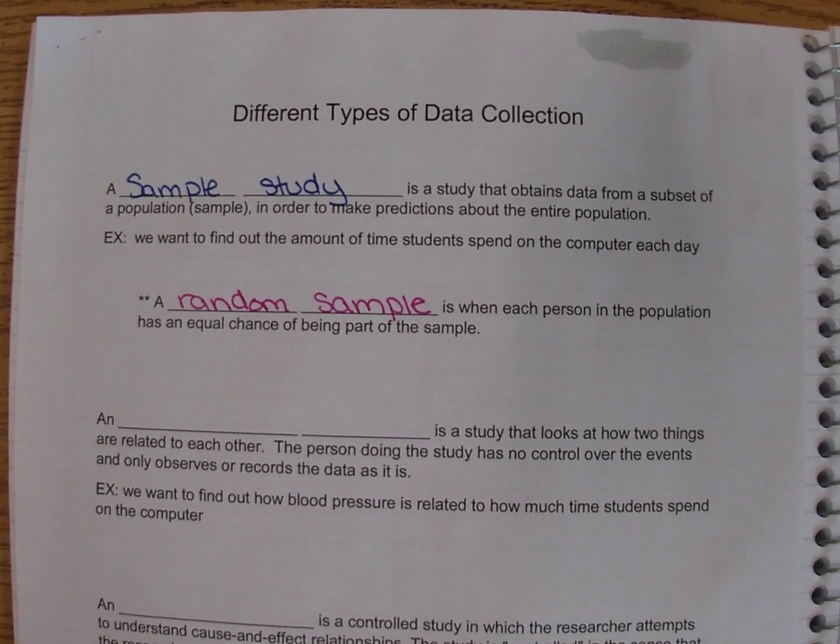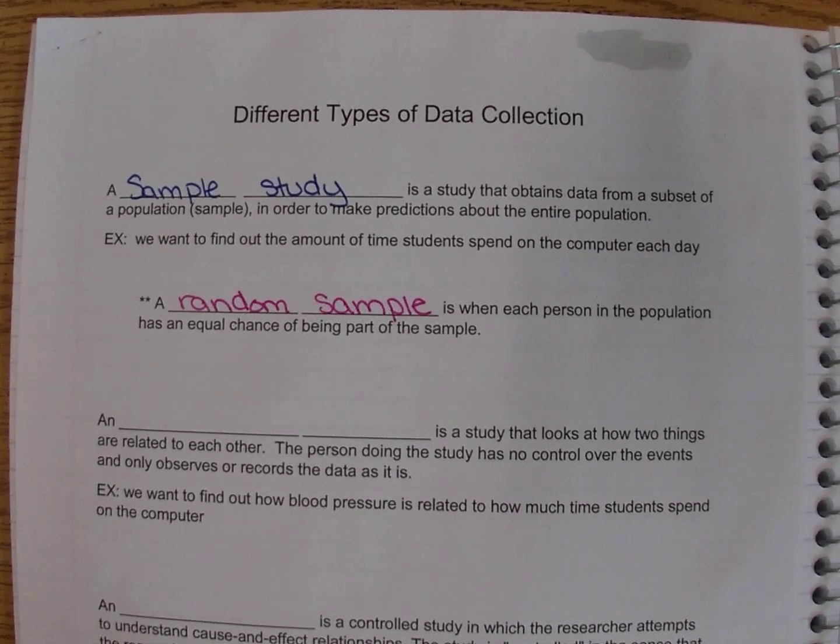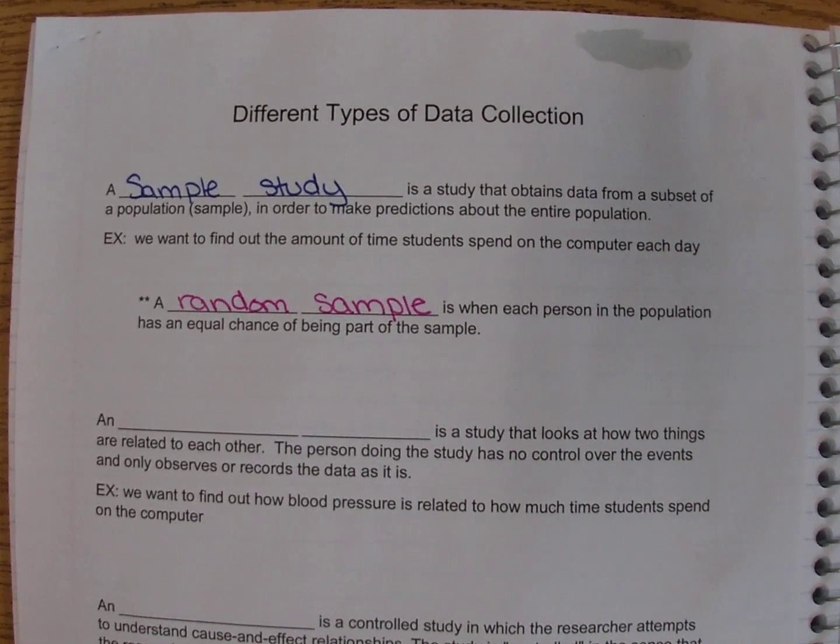We might think, oh, if I ask 100 students at Westfield High School and I ask every third person that walks by Mrs. McKinney's door. That's not really a random sample, because every student in Westfield High School does not walk by Mrs. McKinney's door. Every single person in that entire population needs to have the opportunity of being picked equally in that sample.